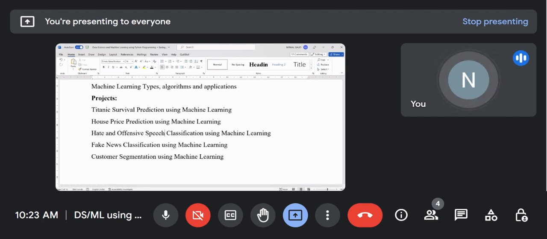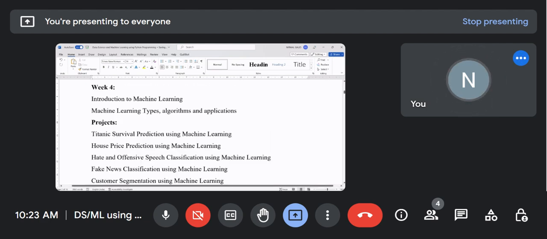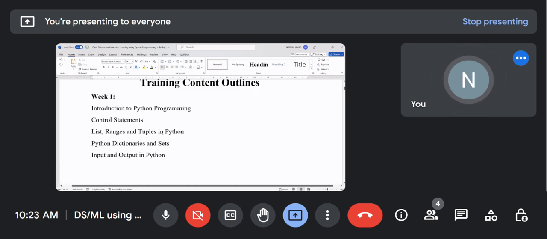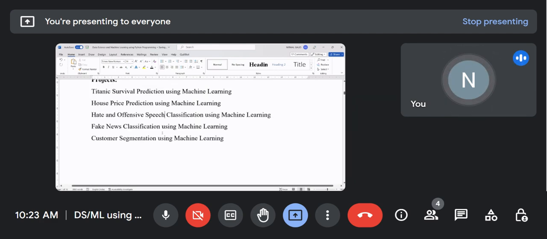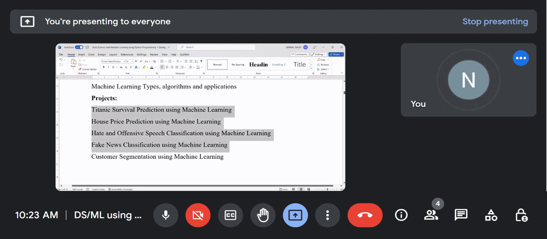Whatever algorithms are available in machine learning which will help us in developing the projects, I'm going to demonstrate live in front of you. Once you learn all these basic concepts of Python, data science and machine learning, then we are going to proceed ahead with all these projects.